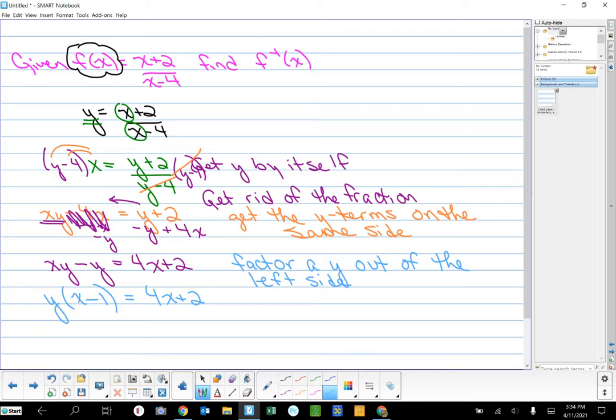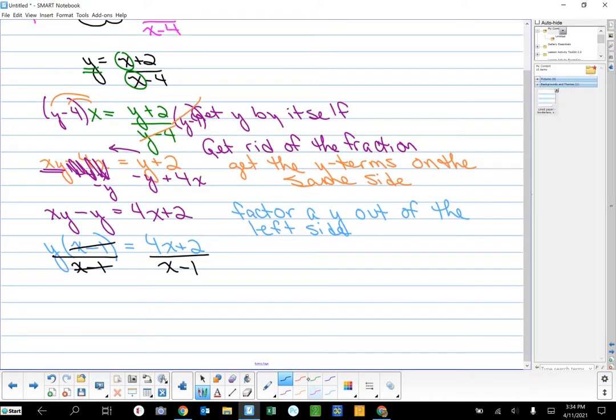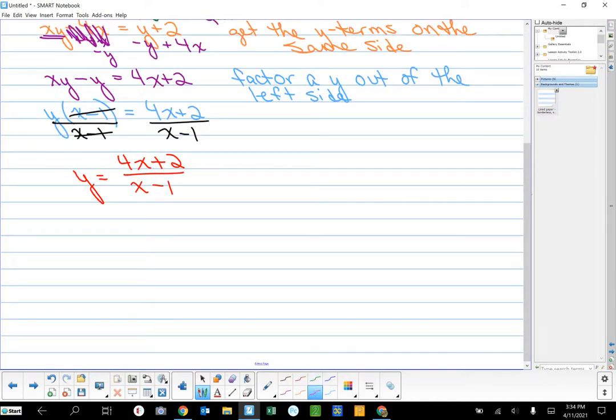And then to get y by itself, I'm going to divide both sides by x minus 1, which would cancel that quantity, leaving me y all by itself on this side and leaving me this fraction over here. Now I have y by itself. Now I'm ready for the very last step, which, if you recall, was replace y with f to the minus 1 of x, and that's equal to 4x plus 2 over x minus 1.